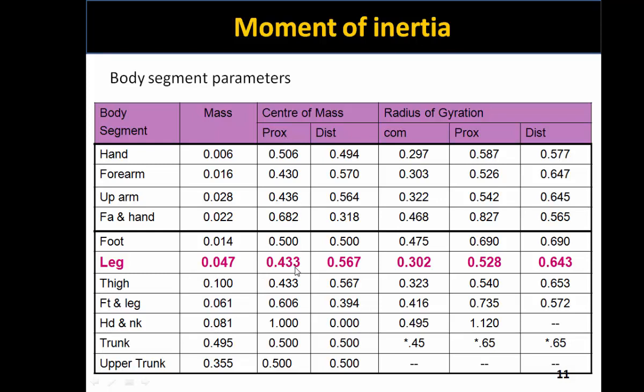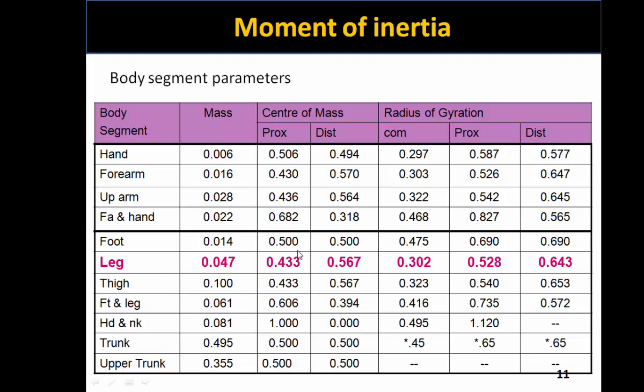If you think about the gastrocnemius muscles, the muscle belly is located closer to the knee joint, and that pulls the center of mass of the lower leg closer to the joint. Only when you consider the foot and the lower leg together does the center of mass move past the halfway point down the segment, because of the relatively large mass of the foot. But for our example, we're just going to focus on the lower leg.